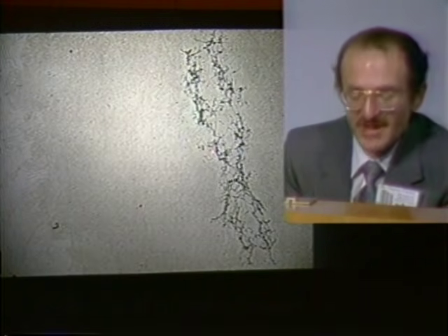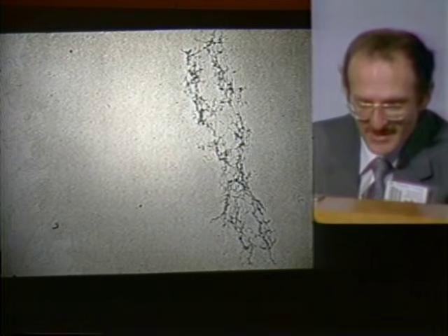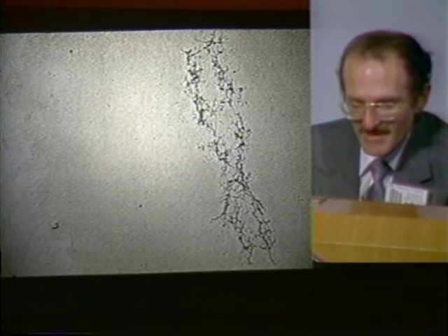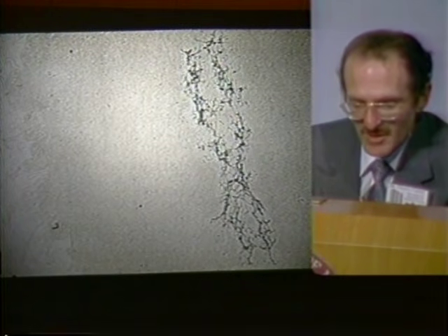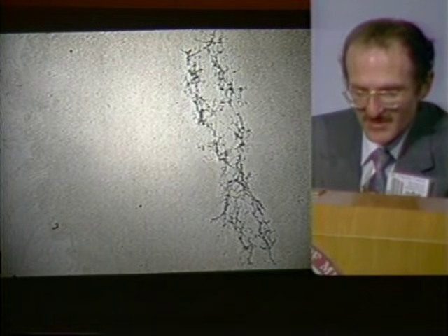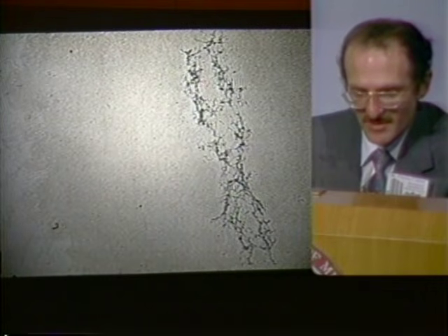This is actually a picture from Uli Laemmli, and it shows a human, or maybe a mouse, but in any event, a mammalian metaphase chromosome viewed under the electron microscope. The cross structure here that I'm trying to outline is a sort of residual protein precipitate that represents the scaffold of the metaphase chromosome.